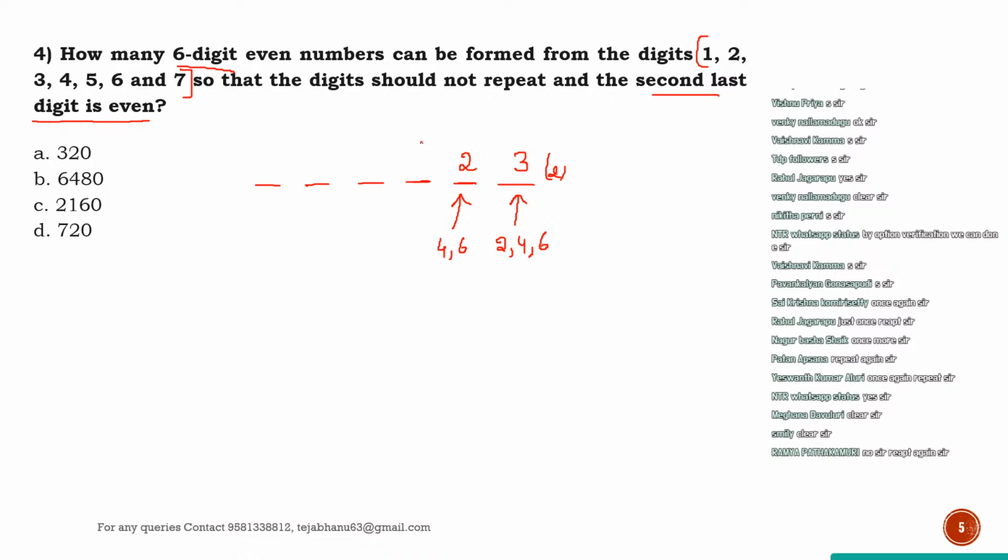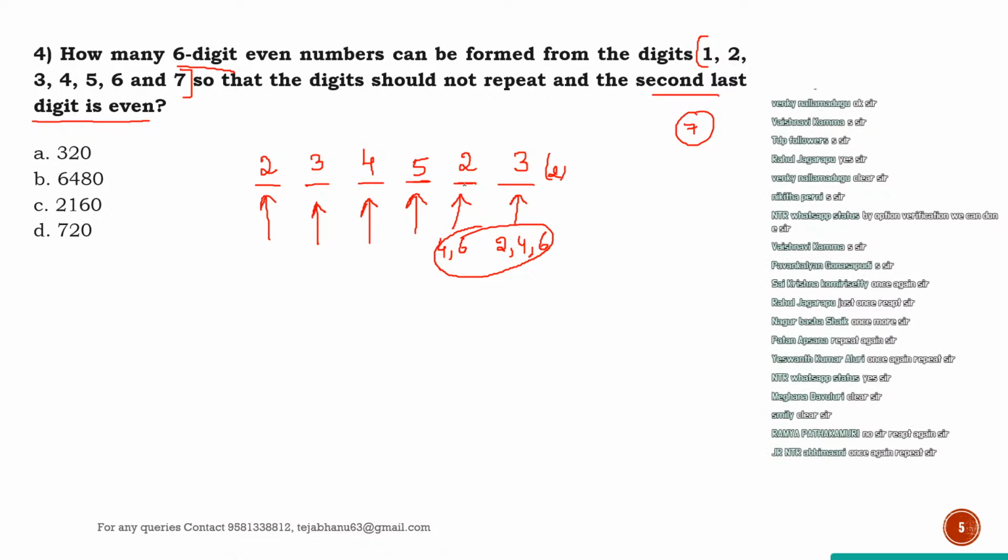Now, out of 7, 2 places are occupied. Then the remaining 5 digits: 5 choices for this place, 4 choices for this place, 3 choices for this place, 2 choices. 5 fours are 20, 20 threes are 60, 60 twos are 120.